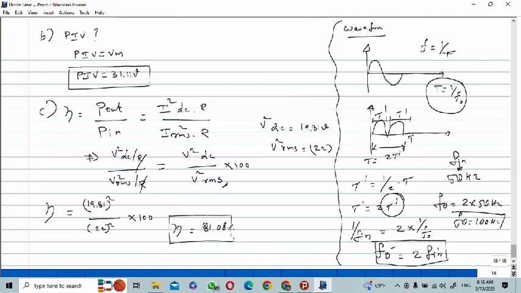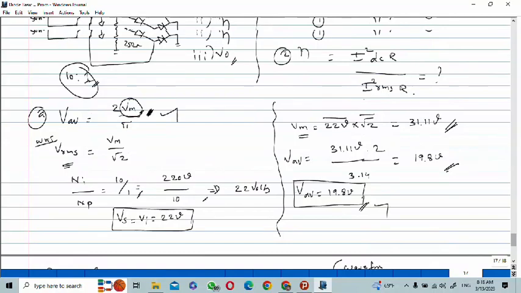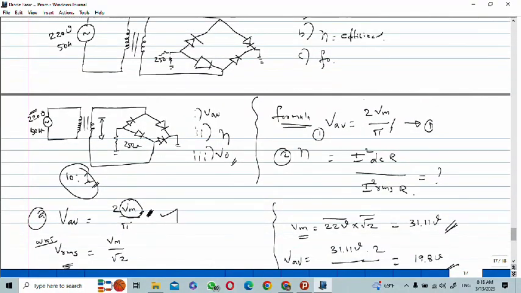So the given data as per our input circuit: peak inverse voltage is 31.11 volt, efficiency is 81.08 percent, F naught equal to 100 hertz, and another data is V average equal to 19.8 volt. So this circuit belongs to a bridge rectifier. The input voltage is given and 50 hertz is given. Instead of the secondary voltage they gave the number of turns.